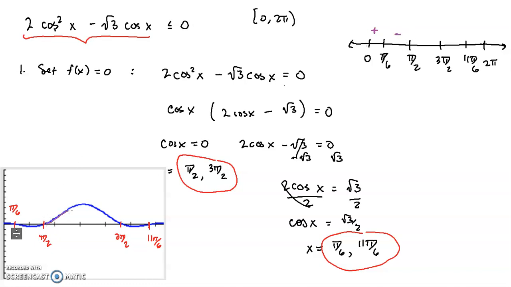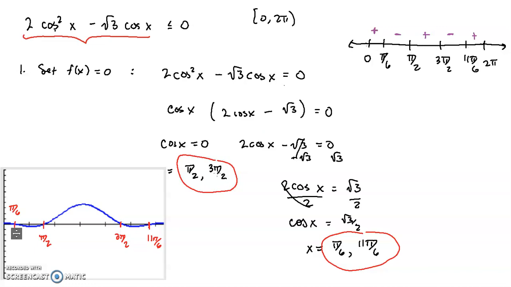This part is definitely above. Nice and big above. So that's going to be positive. This part is negative. And then this last part right here is going to be positive. Okay, so now we've taken the graph, and that's helped us to decide where the function is positive or negative.